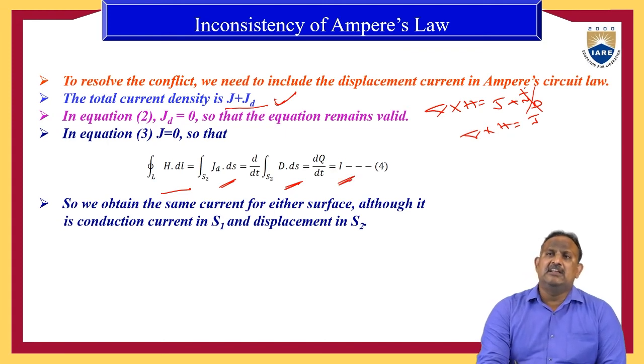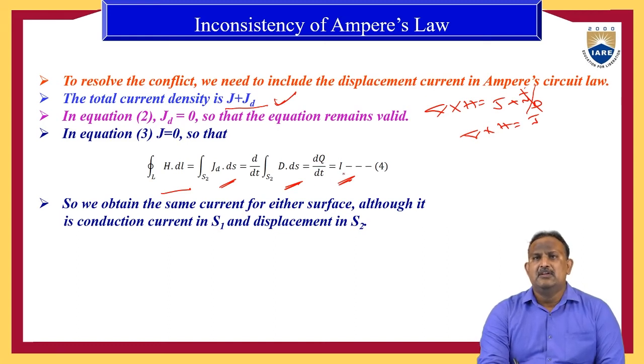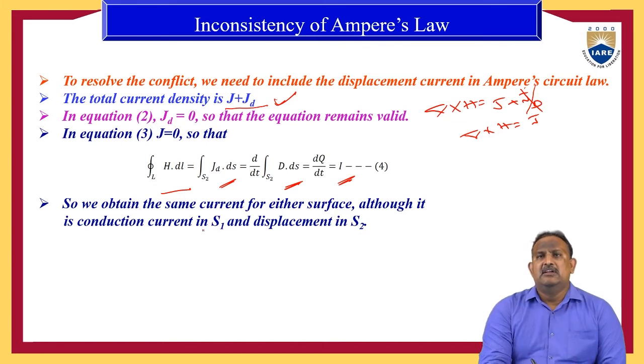We can express the current enclosed I as the rate of change of charge, dq by dt, which is equal to I. So we obtain the same current for either surface, although it is conduction current for S1 and displacement current for S2.